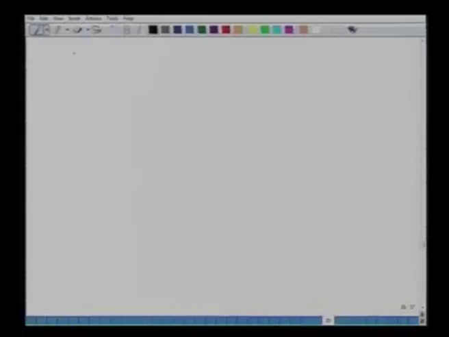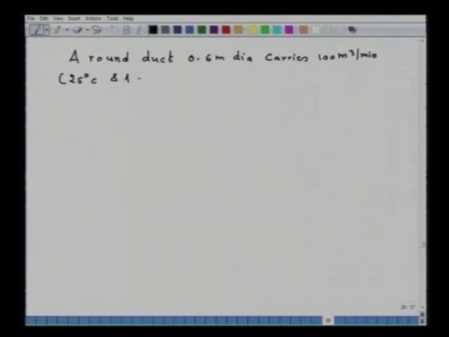So, let me illustrate by a problem. Say a round duct, 0.6 meter diameter, carries 100 meter cube per minute, expressed at 25 degrees Celsius and 1 atmosphere pressure, of preheated air at about 327 degrees Celsius.